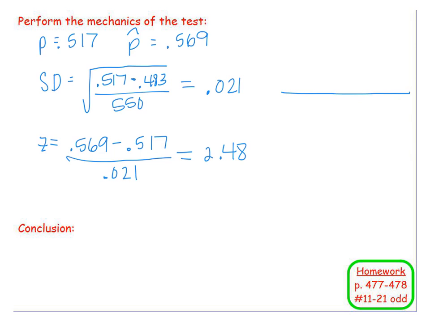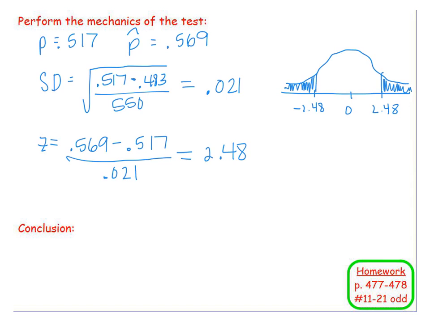When it's not equal to, you actually use the positive and negative z-score. So the positive, which was the 2.48, is over here, and the negative is on the left side. And instead of shading just once, we shade twice. In other words, we shade to the right on the positive one and to the left on the negative one.